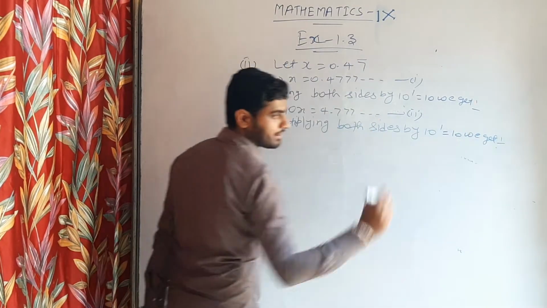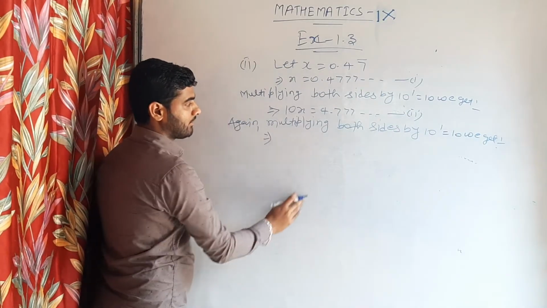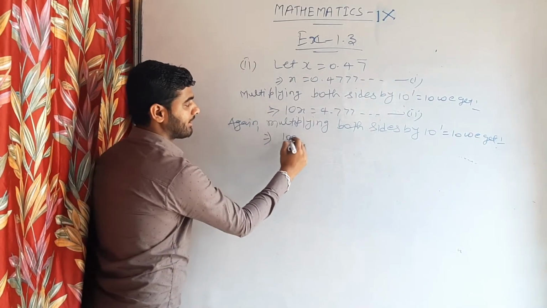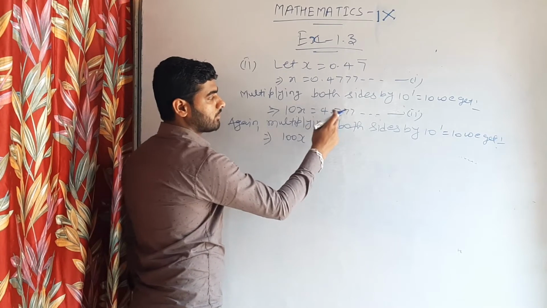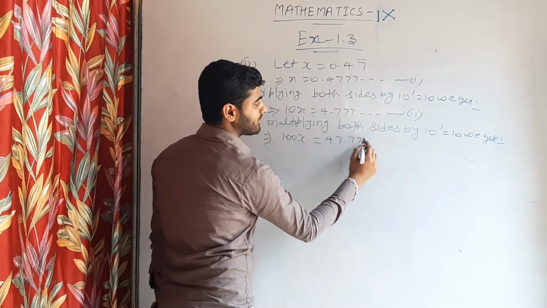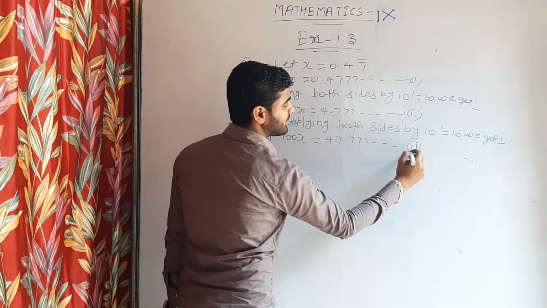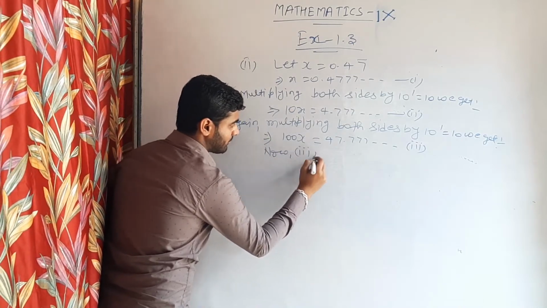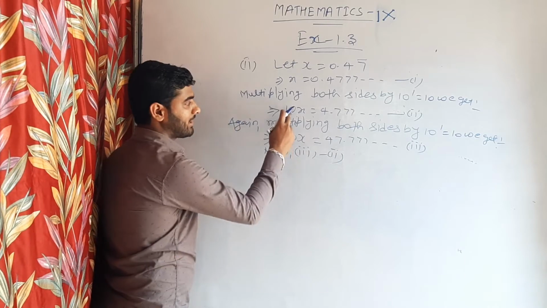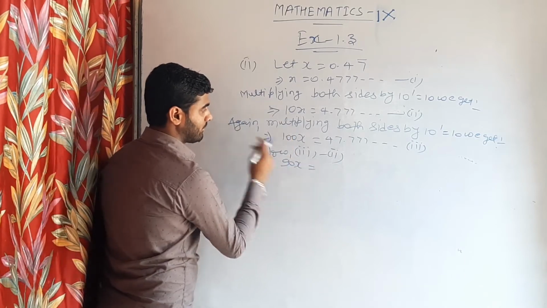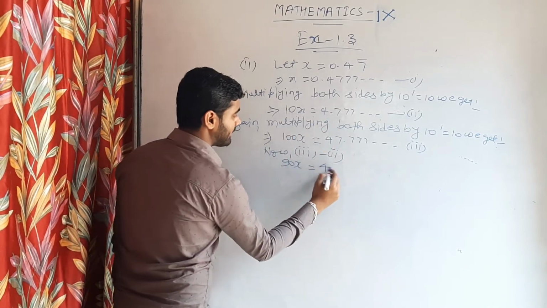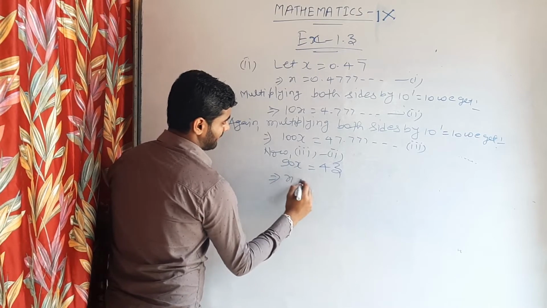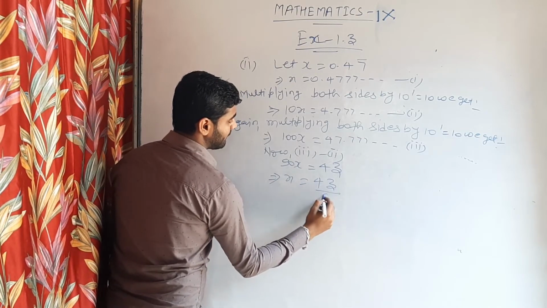We get 100x is equal to 47.777, equation 3. Now 3 minus 2: 100x minus 10x is 90x, and 47 minus 4 is 43. x is equal to 43 by 90.